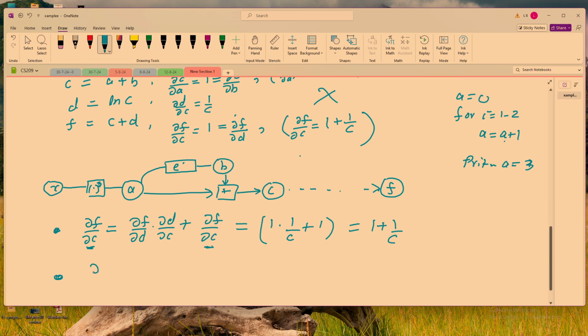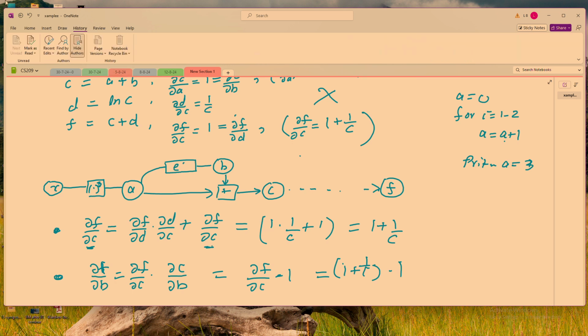So you will read this as df over db is df over dc and dc over db. df over dc is coming from above, dc over db is 1. So this is nothing but df over dc times 1, which is 1 plus c, 1 over c times 1. Yes? Everybody with me? Let's read it further down.